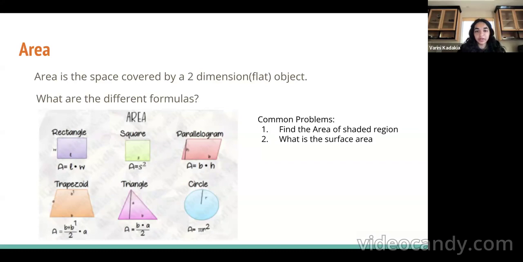And while you're copying that down, I'll just go over some common problems you'll find. Usually when doing this sort of math, they'll ask you to find the area of some shape or shaded region, and also the surface area or something like that. And surface area is basically flat surfaces.